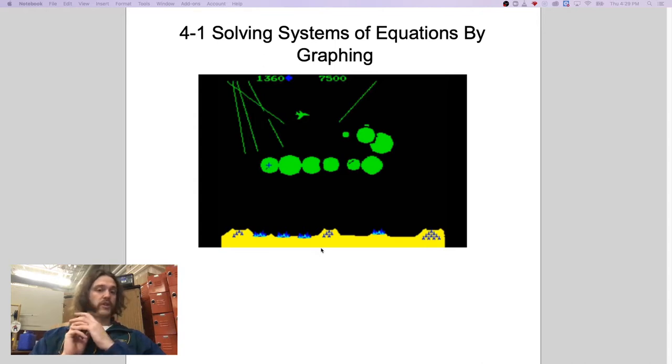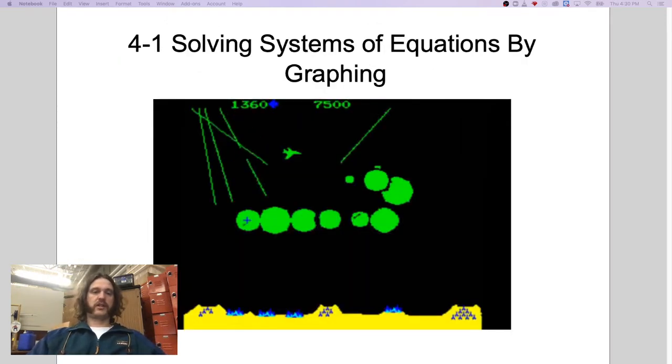The math there is much more complicated, but you want the people making those decisions or programming the software that guides those missiles to have a solid understanding of systems of equations, and of getting things to meet together based on the data that has been collected. Okay, cool. We're going to get to that in just a second.